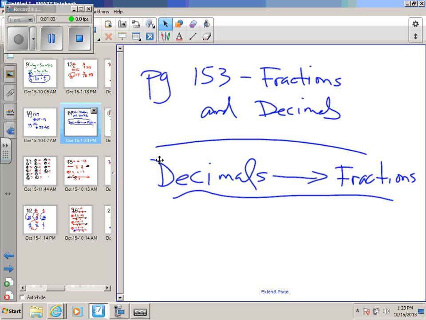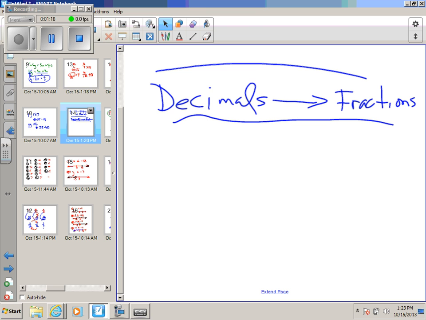Now every decimal can be written as a fraction, just like every fraction can be written as a decimal. There are different procedures for each, and they have their own rules. However, nothing that is impossible, nothing you haven't already most likely seen. Let's start with the basic.